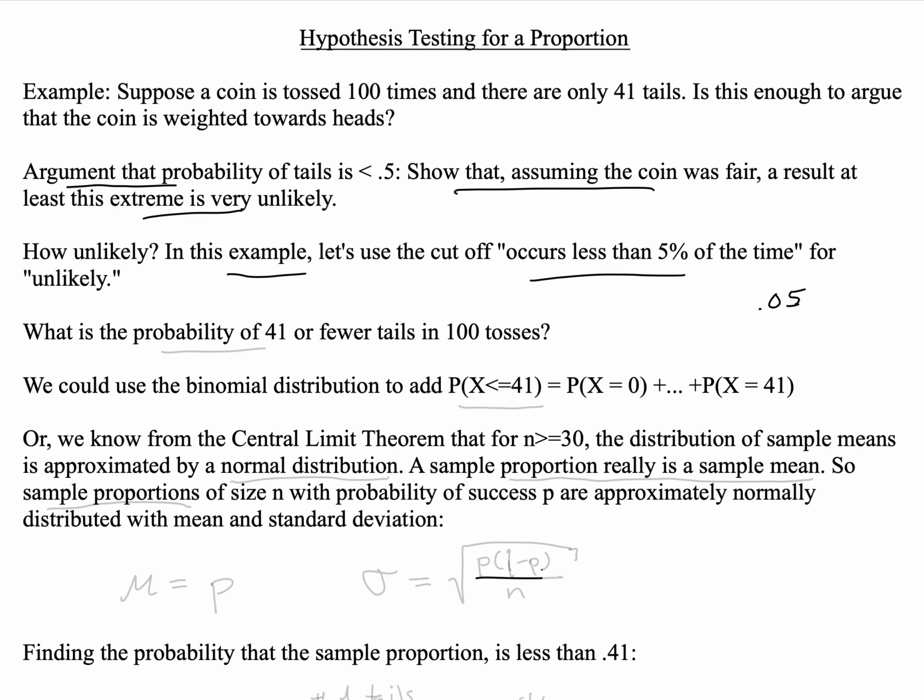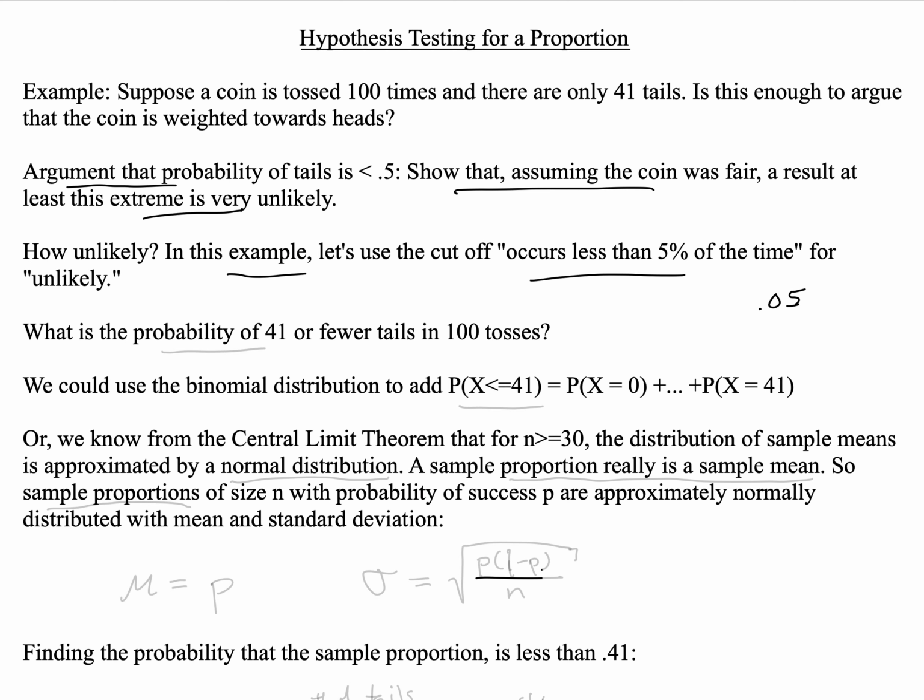This is now normally distributed, again, with our mean of p being 0.5. In this case, heads and tails are equally likely, so 0.5 would be the expected proportion. And the standard deviation is the square root of p times 1 minus p over n, so that's 0.5 times 0.5 divided by 100, the sample size.